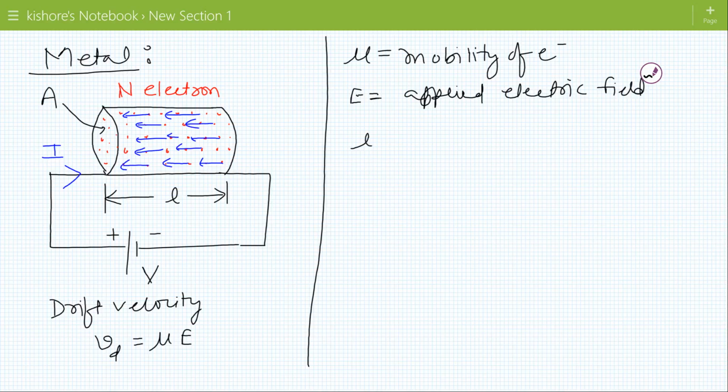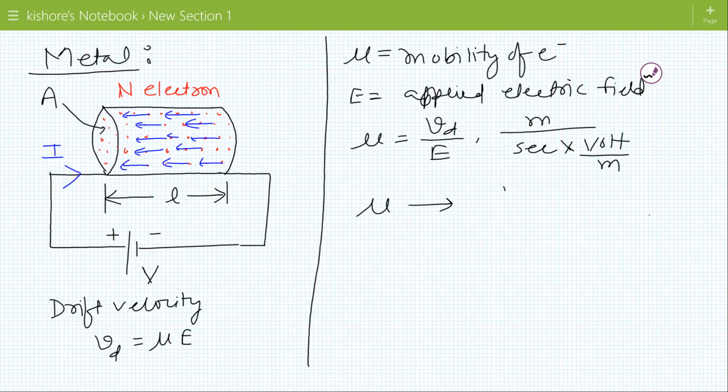So this mobility is basically Vd by E, and the unit for mobility is meter per second into volt per meter. So the unit for mobility is meter square per volt second. This is the mobility.